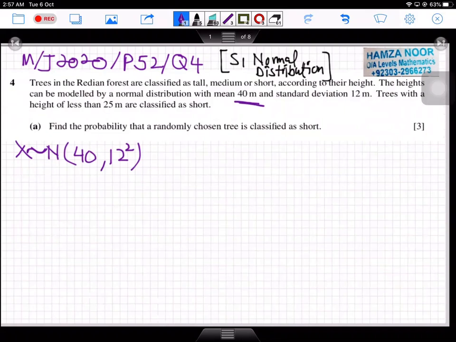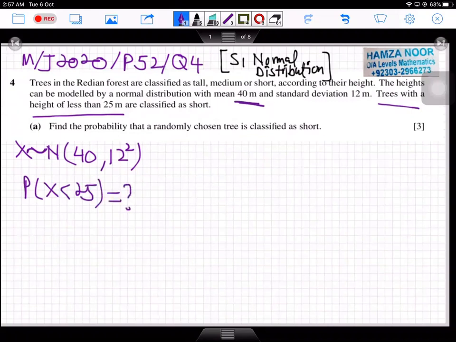Now what do you need to find? You know that trees with a height of less than 25 meter, meaning probability of X less than 25 meter, would be classified as short. You need to find this probability that X is less than 25. All you need to do is just standardize this.